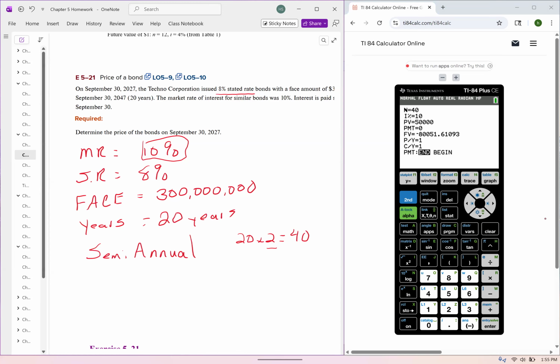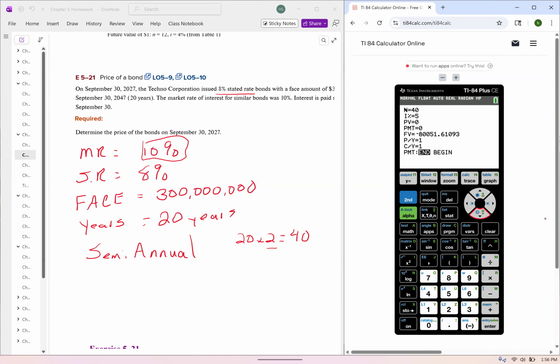Whatever you multiply the n by, you will divide the interest rate by. So we multiplied by 2 to get the number of periods. We cut the interest in half because it's really 5% interest over 40 periods. We are wanting to calculate the present value, so we're going to put a 0 there.